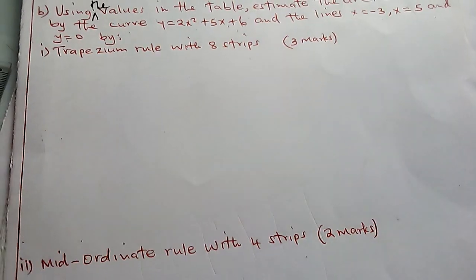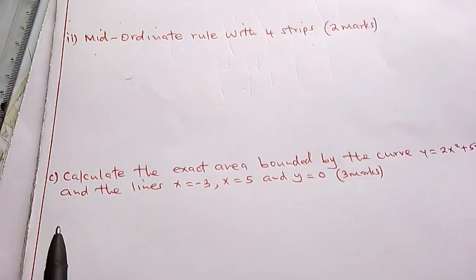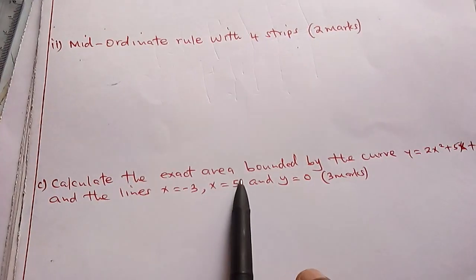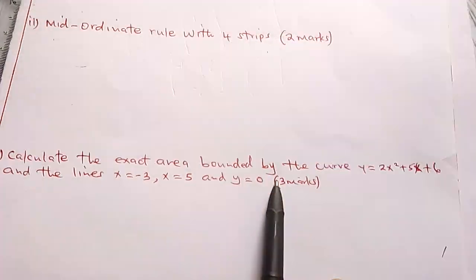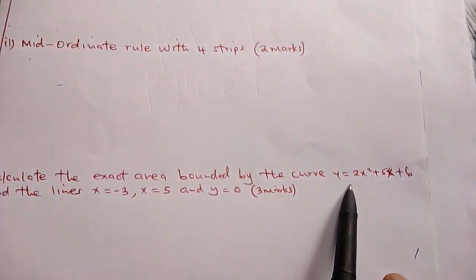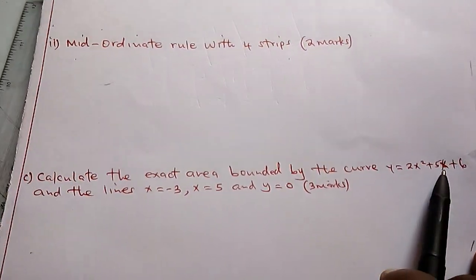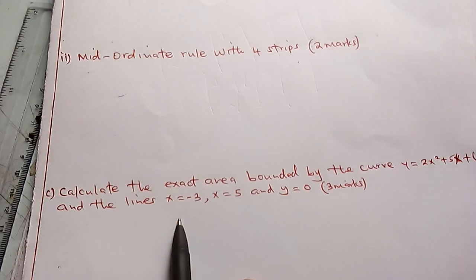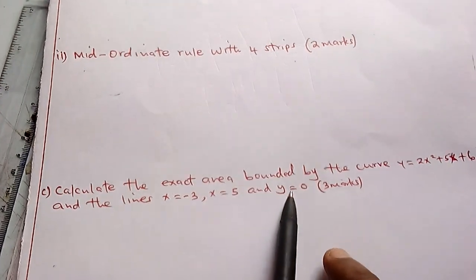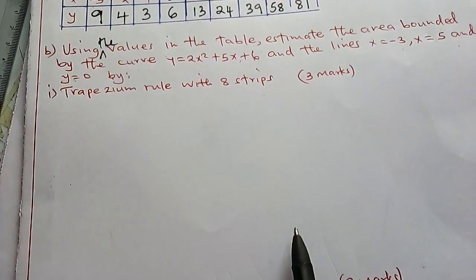Then Roman 2, mid-ordinate rule with 4 strips. Then part C, calculate the exact area bounded by the curve y is equal to 2x squared plus 5x plus 6, and the lines x equal to -3, x equal to 5 and y is equal to 0.